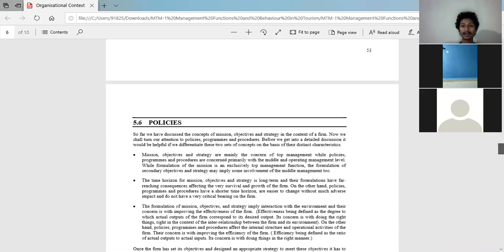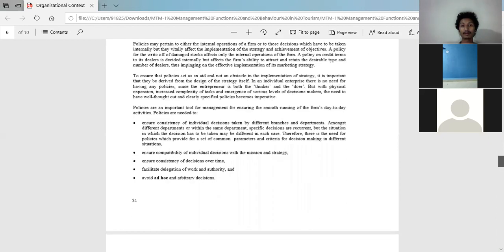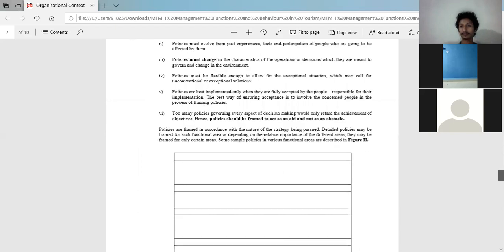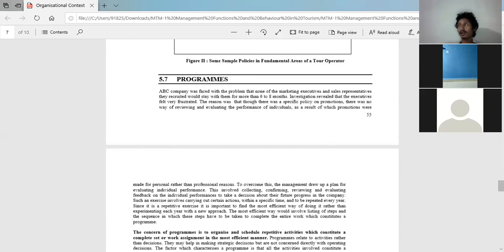And according to policies, there are programs. Program means short-term discounts, like off-season discounts.